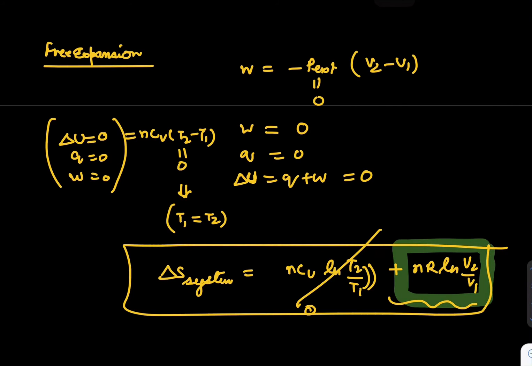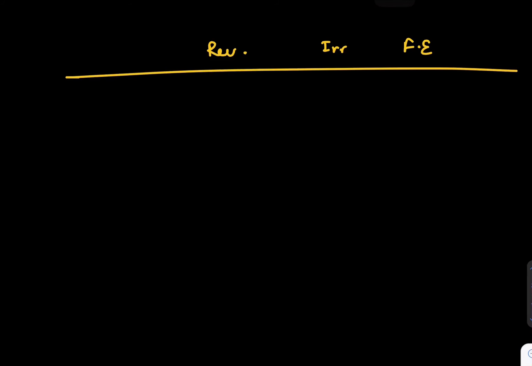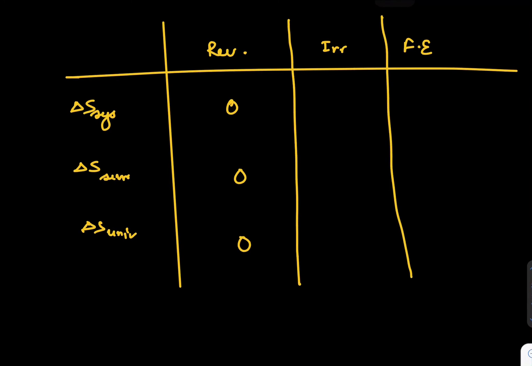So I repeat the whole thing and we can put it in the form of a table also. Reversible, irreversible, free expansion, delta S system, delta S surrounding, delta S universe. So I could say that for reversible 0, 0, 0. For irreversible, you can draw it.